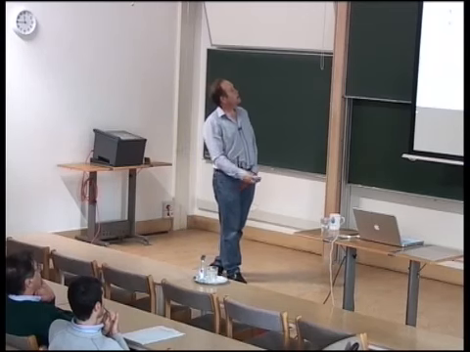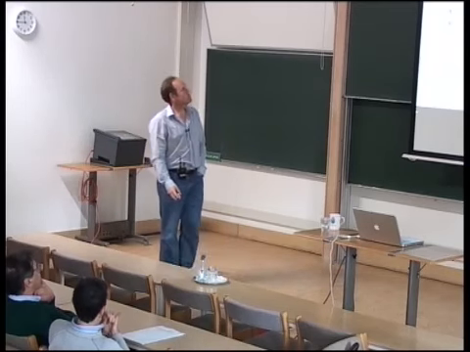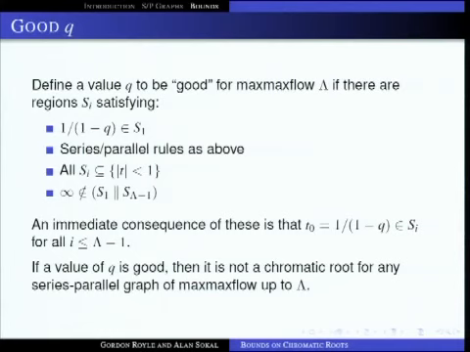Now, let's define a value of Q to be good for max flow lambda if you can do the following. Find the regions, except now they're in the T plane, not the V plane, so they're the same idea. 1 over 1 minus Q is in S1, that's just minus 1 is in S1 in the new variables. The series and parallel rules just have to follow the same, except you now use the T operations.